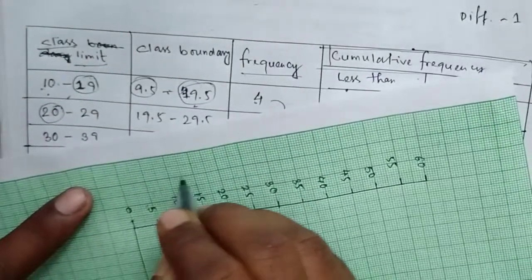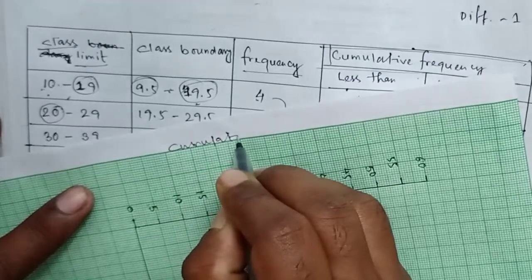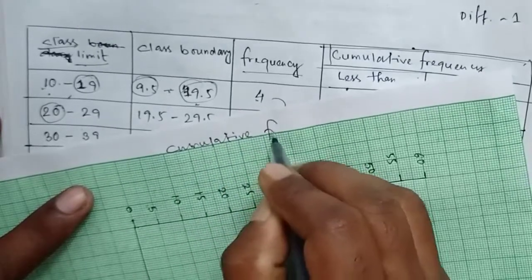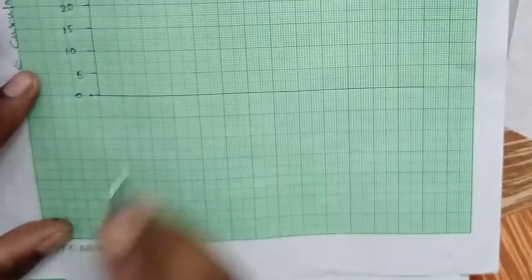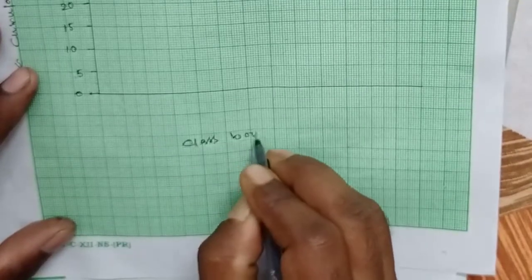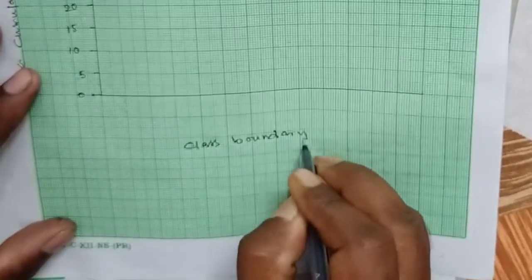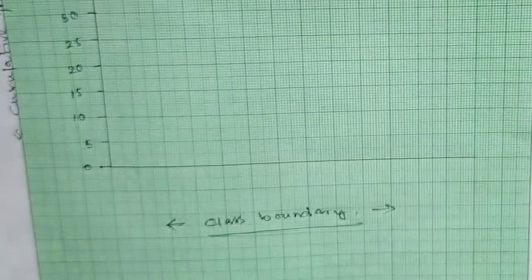So you can put the label on this side. Cumulative frequency is represented on the y-axis, and the horizontal line represents the class boundary.